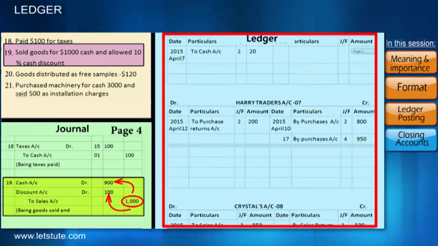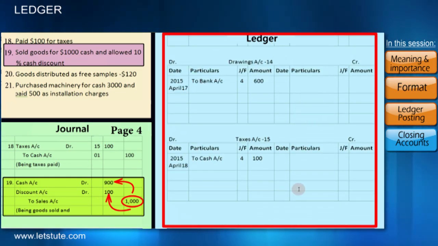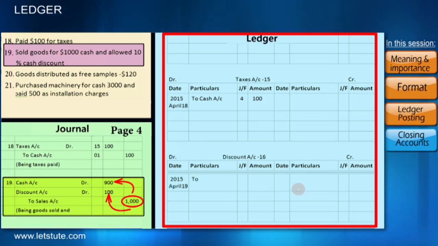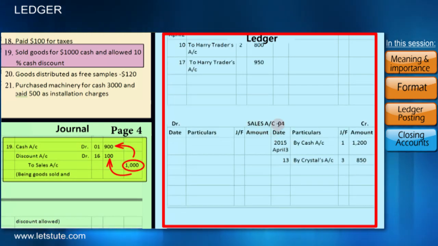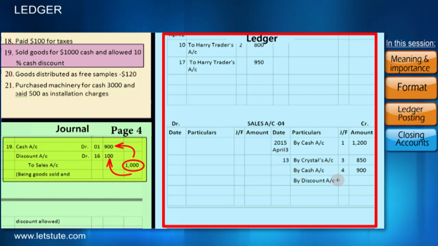So let's go to the discount account on April 19, debit to sales account 100. And now we will go to the sales account, and on the credit side on 19th we'll have by cash account how much? 900, and by discount 100.